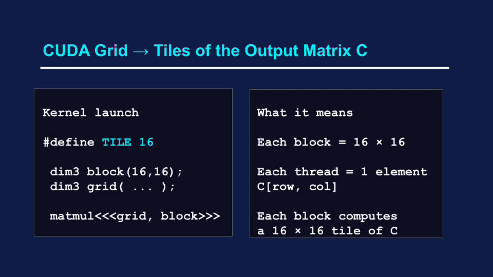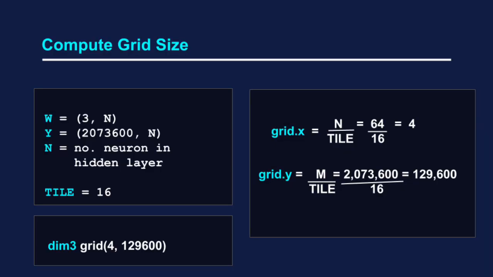So here, the next slide. If we have N, which are the columns of W, our weight matrix, that's the number of neurons in that hidden layer of the neural network.